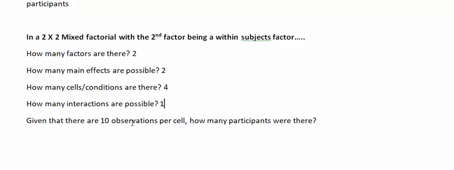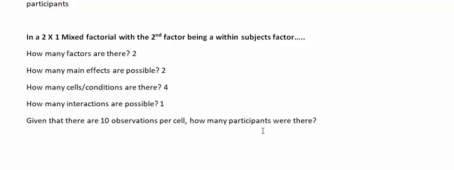Okay, given that there's 10 observations per cell, how many participants were there? This is where I kind of make the point, if you didn't quite get what I was saying about changing those 2s to 1s and so on. So we go back up to the design. We go, okay, are there any within subjects factor? And it says the second factor is a within subjects factor.